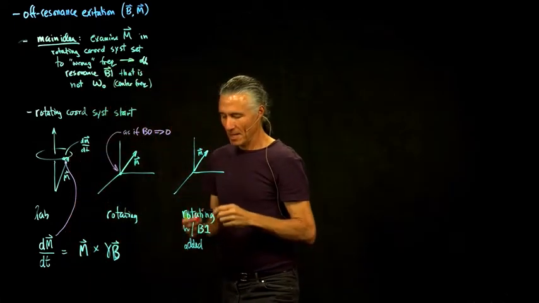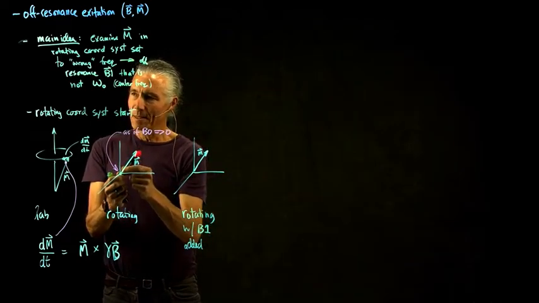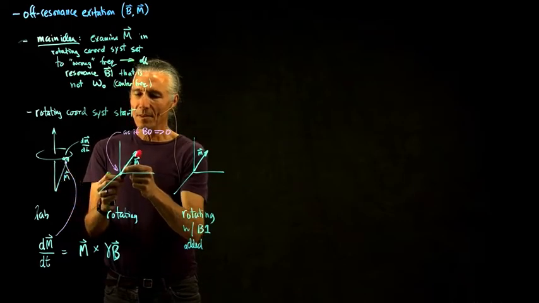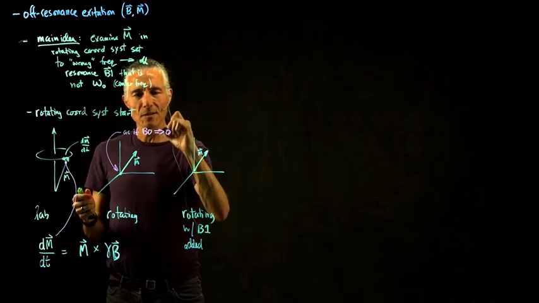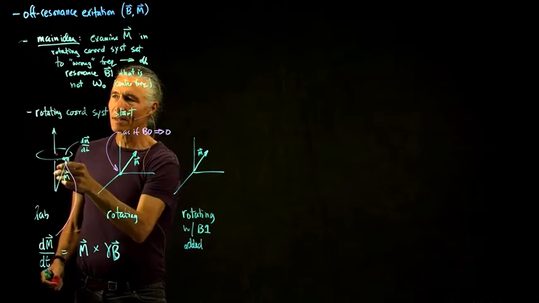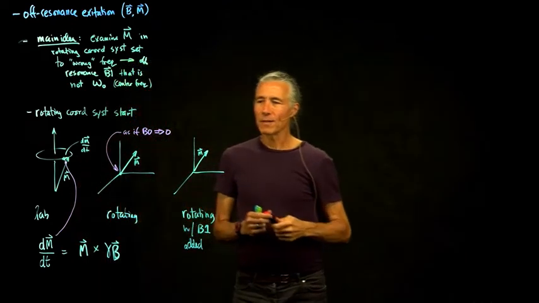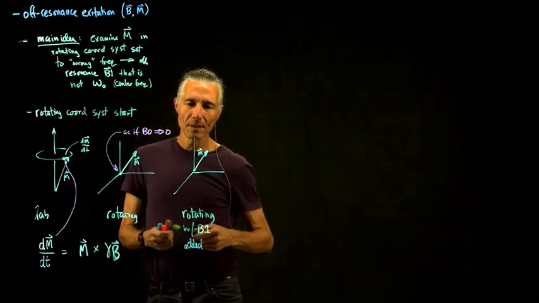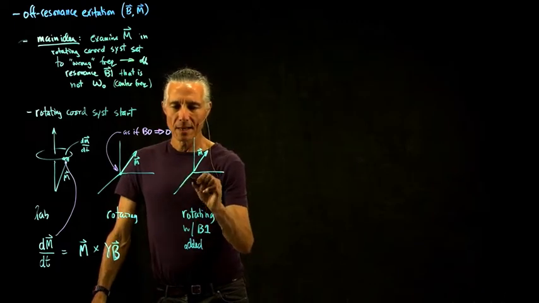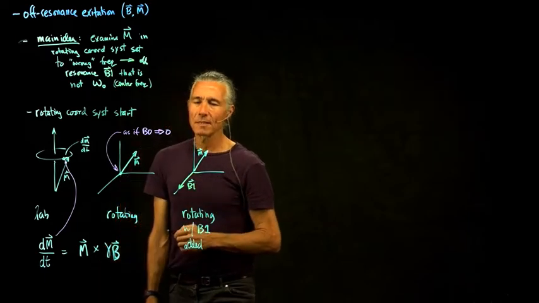So what does that mean? Well, it means that there's no precession anymore, because if you set B0 to 0, there's nothing to cause this gyroscopic precession, and so you just have a stopped M vector. So now that it's conveniently stopped, we can think about applying the B1 vector. Now the B1 vector, of course, is also stopped.